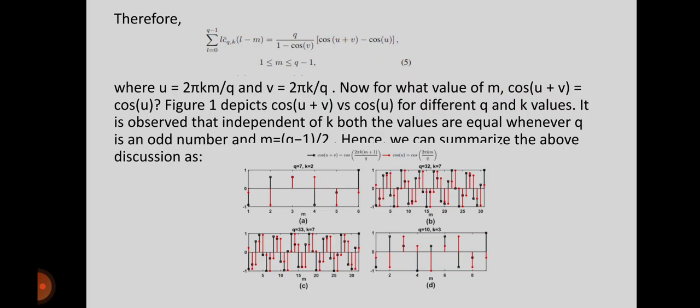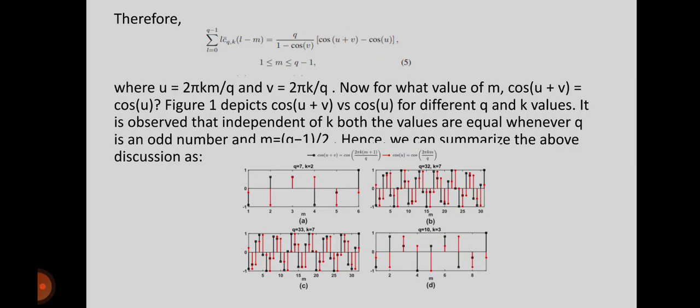where 1 is less than or equal to m less than or equal to q minus 1, where u is equal to 2 pi km by q and v is equal to 2 pi k by q. So cos u plus v is equal to cos u.